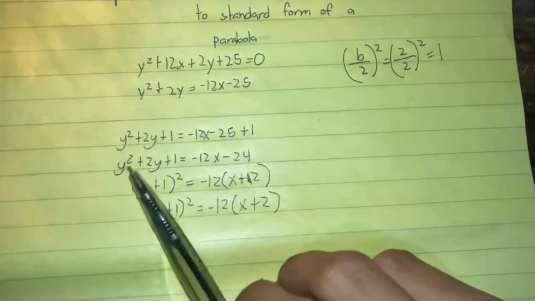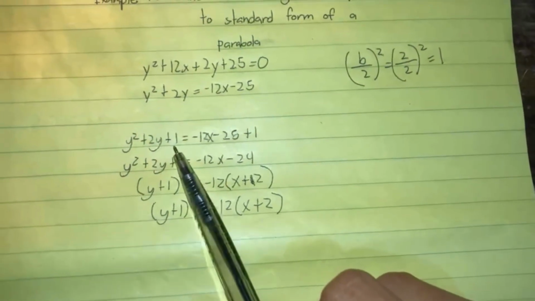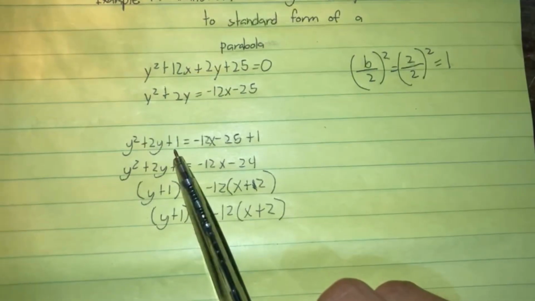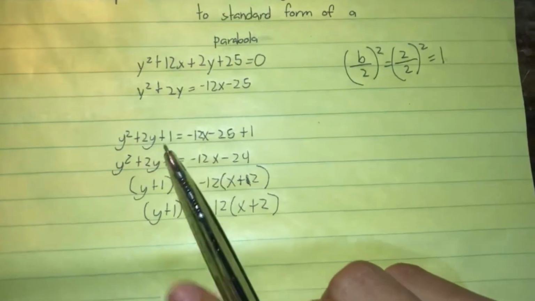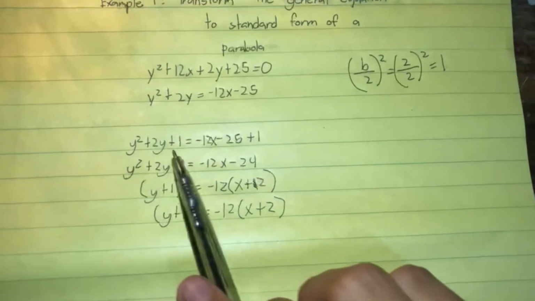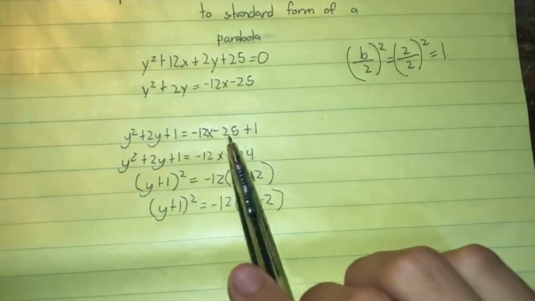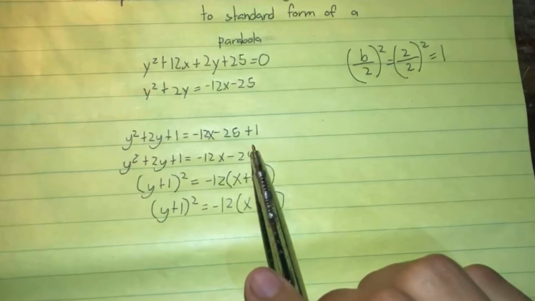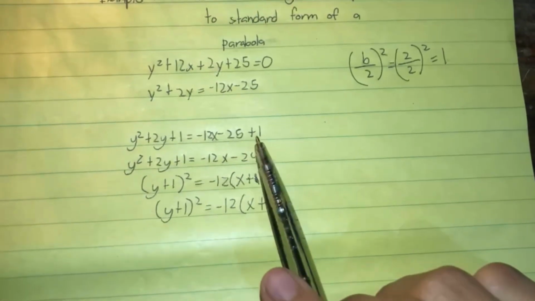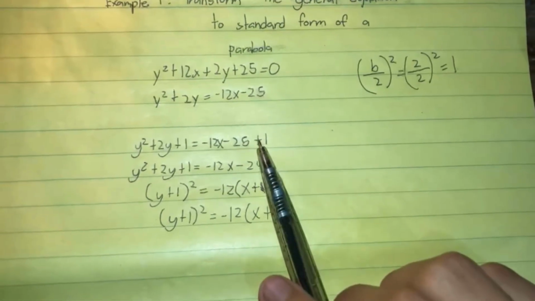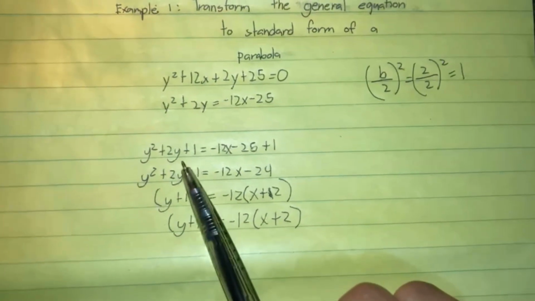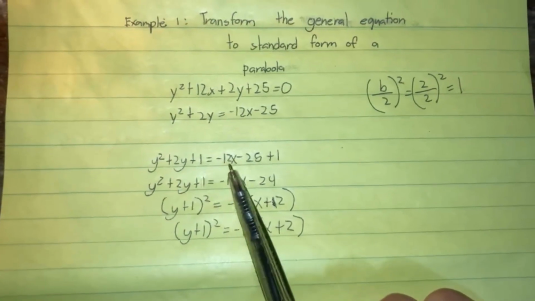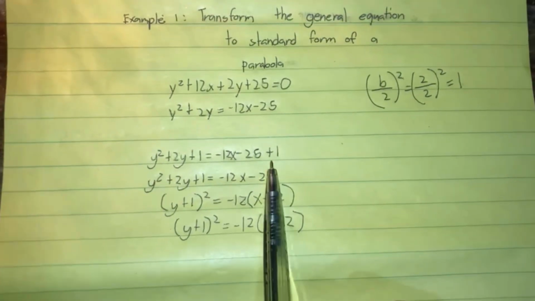Now we put it in the left side of our perfect square. So now this is the perfect square, and we need to put the other one, because if you put a 1 in the left side, you must also put it in the right side.